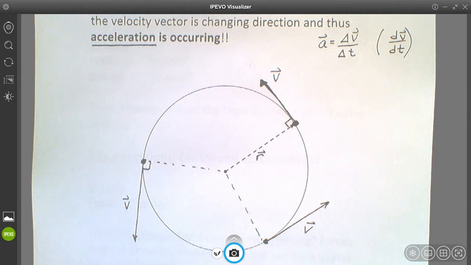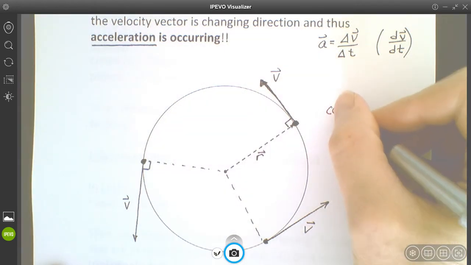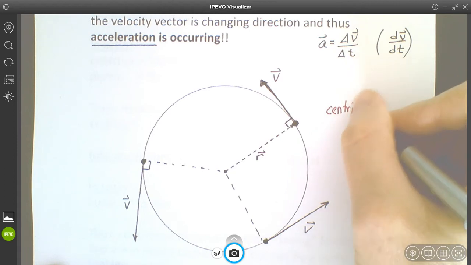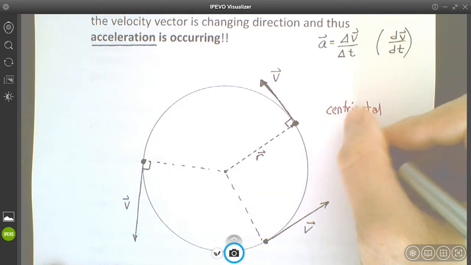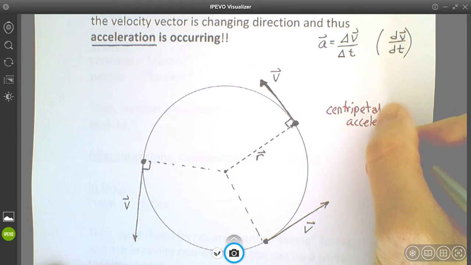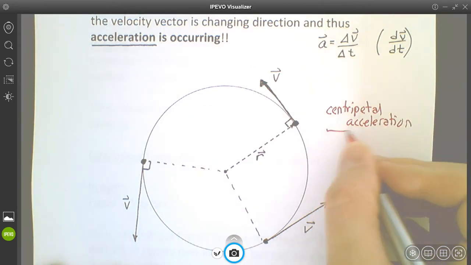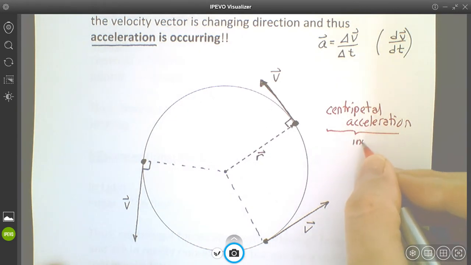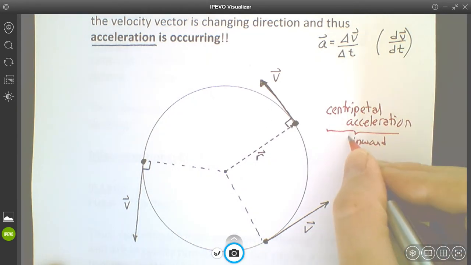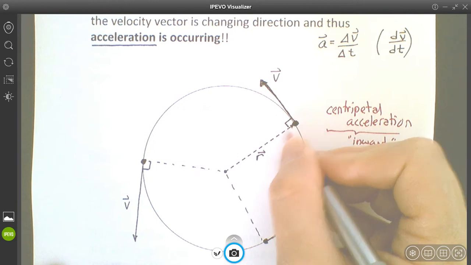Now, what this means is that the acceleration, and this is the key thing that we're going to learn on the next page, what we get is something called centripetal acceleration. Now, centripetal acceleration is always inward towards the radius.